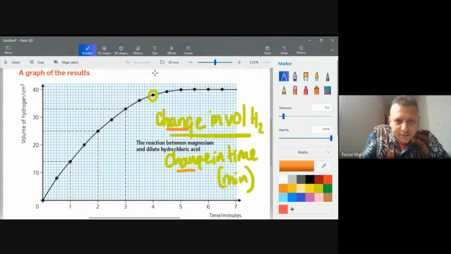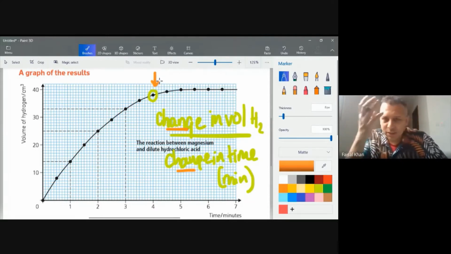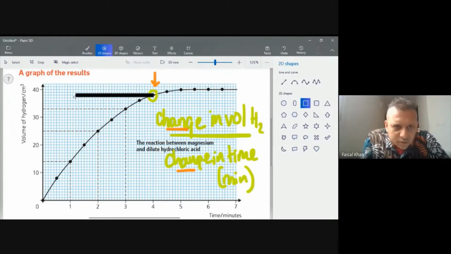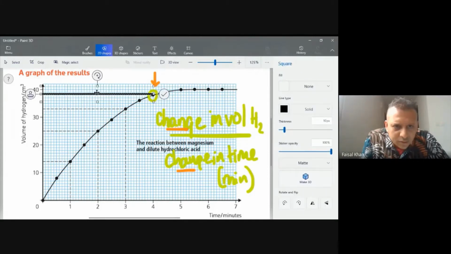Mohammed, what you've got is one reading. There's no change happening at that point in time. If I go to 2D shapes, here we go.